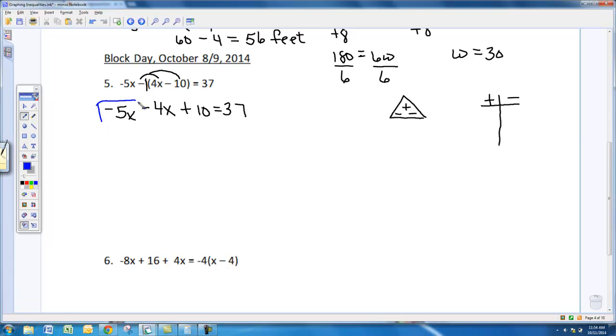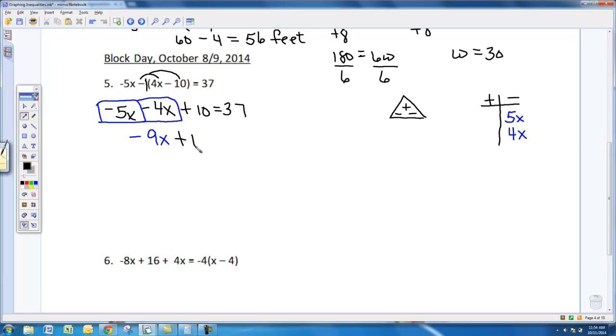So we're combining a negative 5x with a negative 4x. When our expressions are on the same side of the scoreboard, when they have the same sign, we add them and keep the sign. So this is negative 9x.